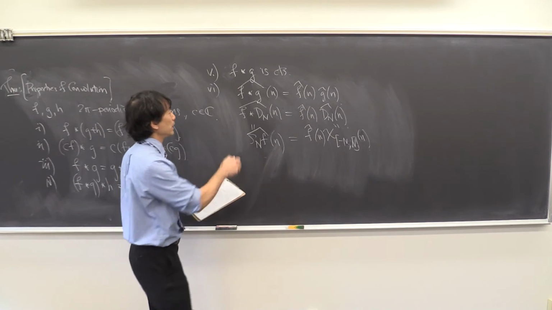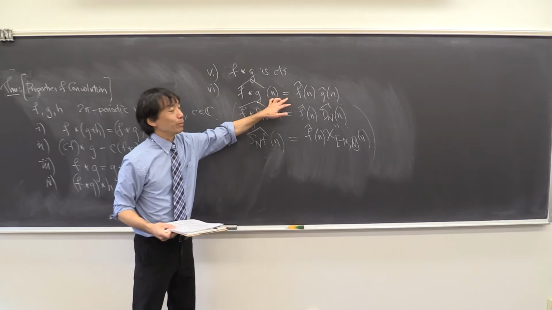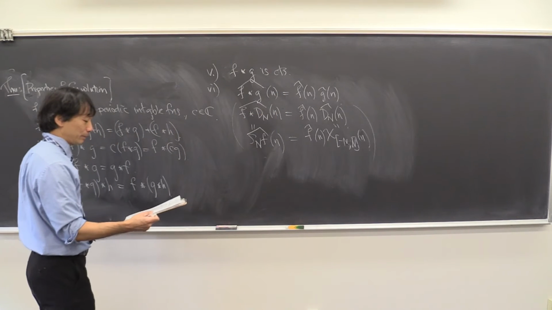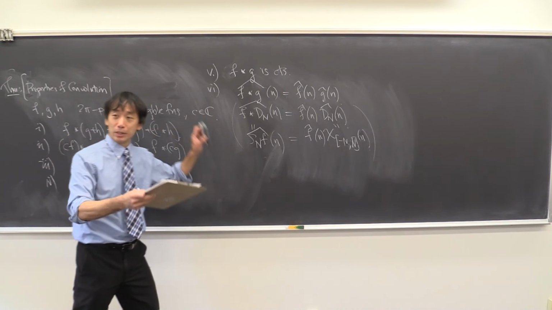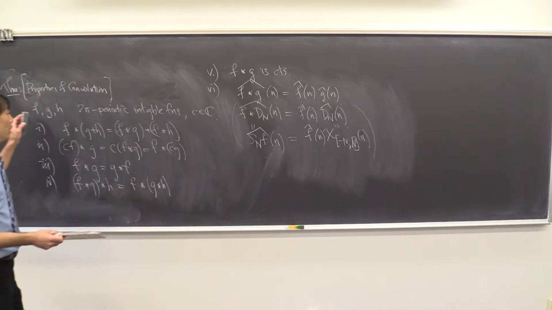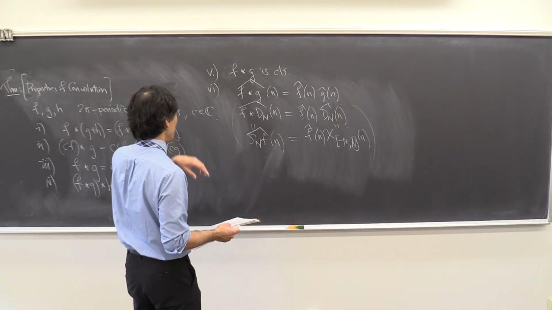Okay. So anyway, that's just an example of why you might believe this to be true. We'll prove it in a second, of course. Okay. So that's just a list of properties of convolution. Really important idea in analysis.